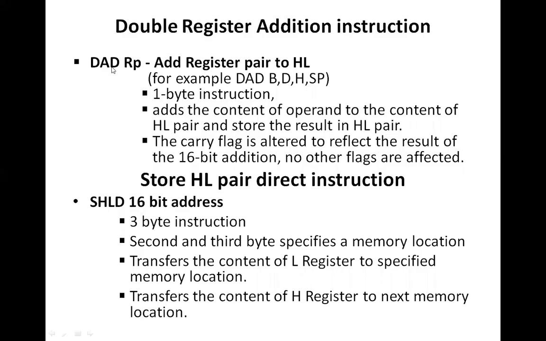So DAD RP is going to add the register pair with the HL pair content, meaning we are able to add two 16-bit numbers which are available in two register pairs. This DAD RP is a 1-byte instruction and takes only one memory location for storing.